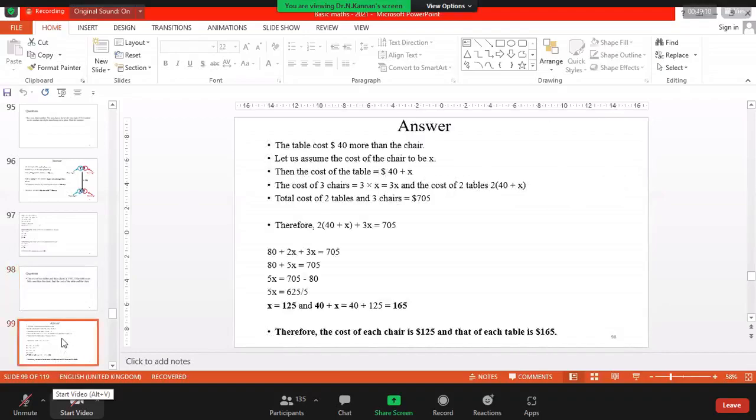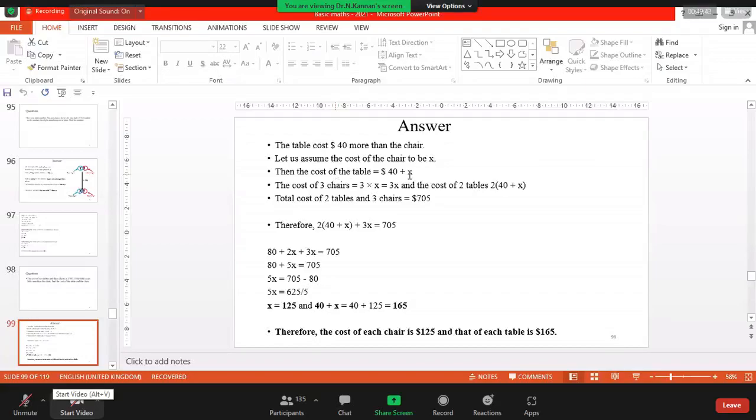So I'm saying this one. The table costs $50 more than the chair, right? Let us assume the cost of the chair to be x. Then what would be the cost of the table? $50 plus x. The cost of 3 chairs, 3x. And the cost of 2 tables, 2 into 50 plus x. The total cost of 2 tables and 3 chairs is equal to $705, right?